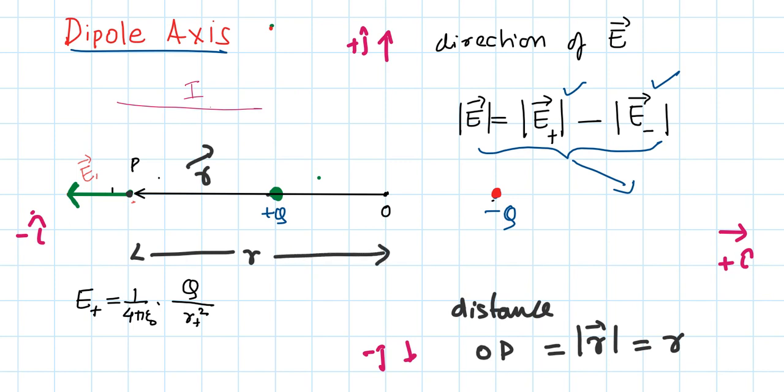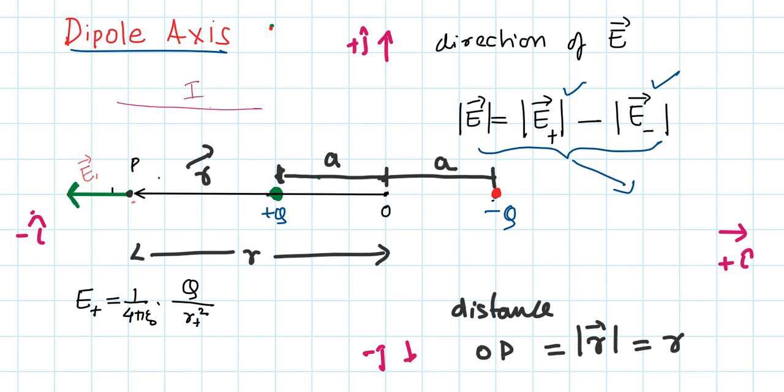So what is vector r then? Vector r is actually the position of the point P with respect to the origin. That's all. We already know the distance of plus q from O is a, and we also know the distance of minus q from O, which is also a.